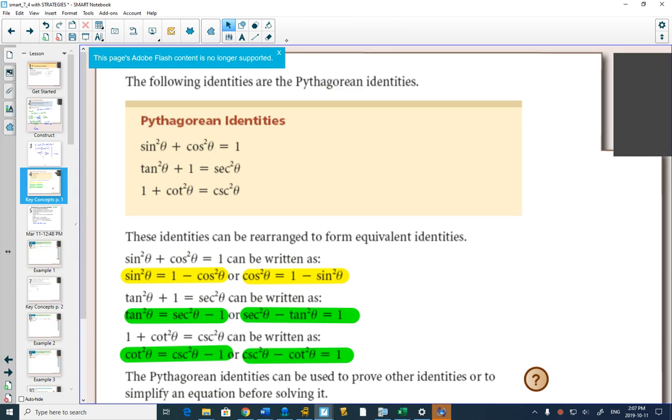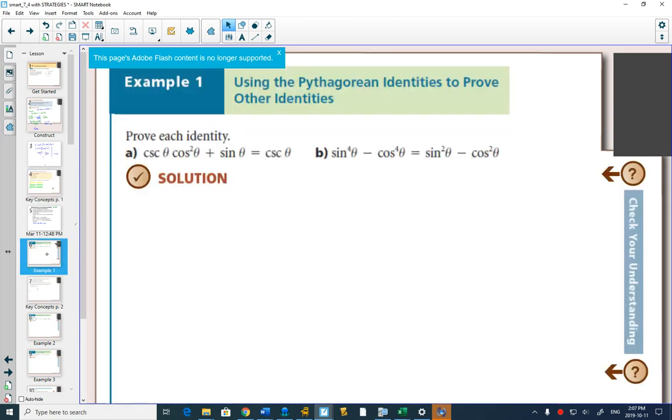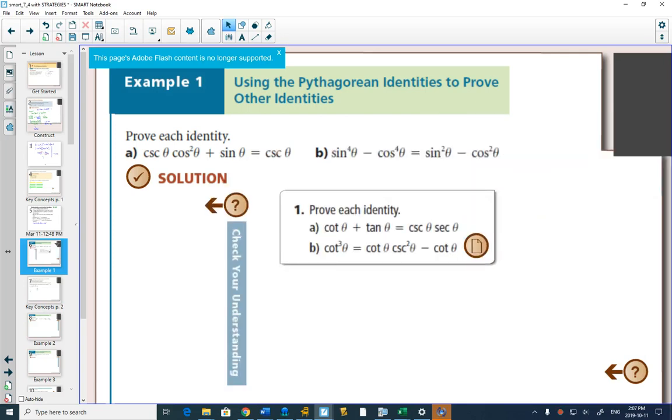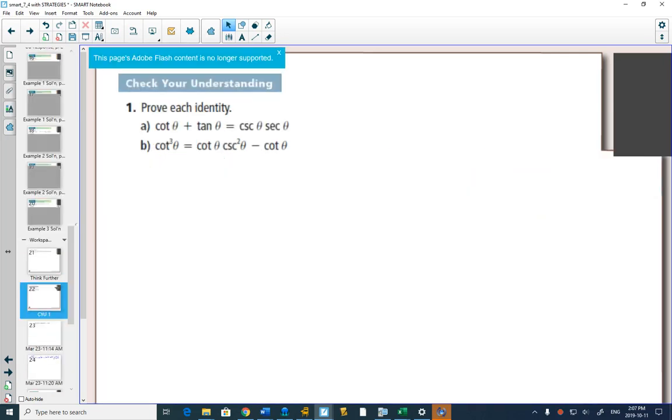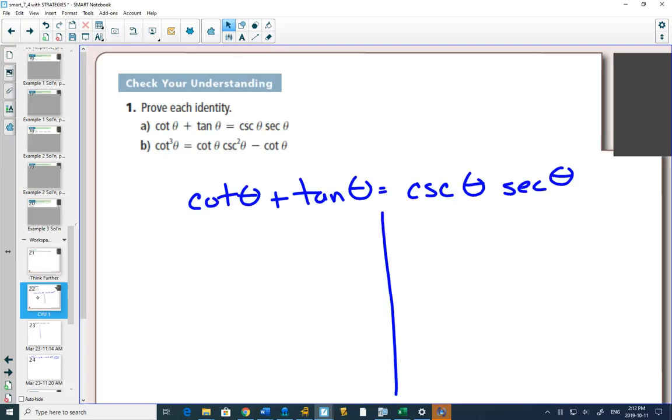Perfect. So let's do one example from here. Again, take out your scrap paper and try to prove these. One of the things that you're going to develop as you do more and more proofs is you're going to look at the question to see what strategy should I use.